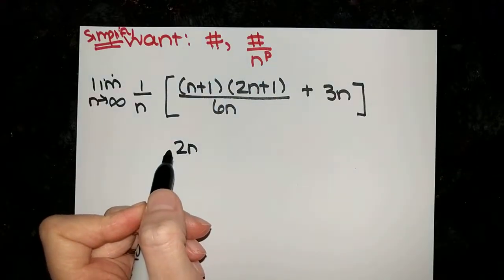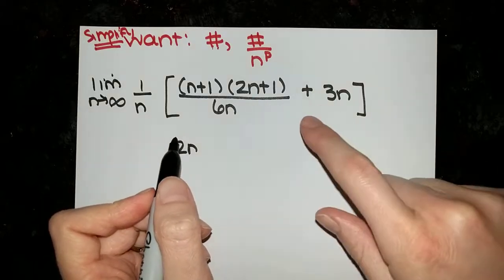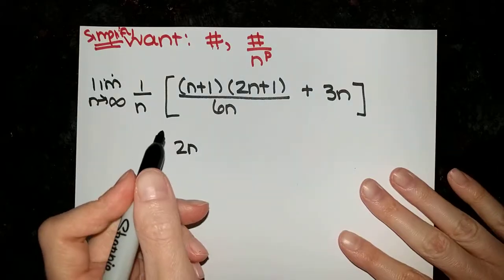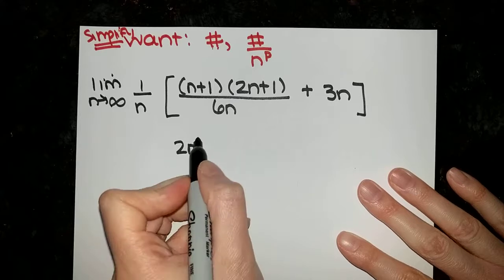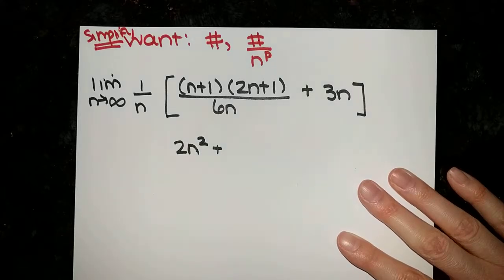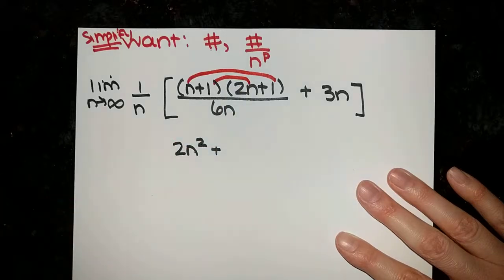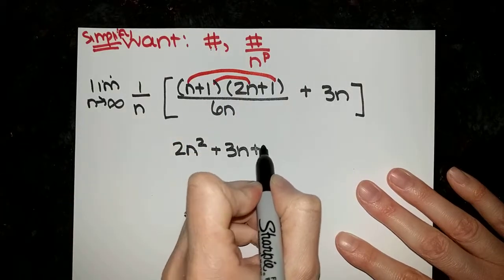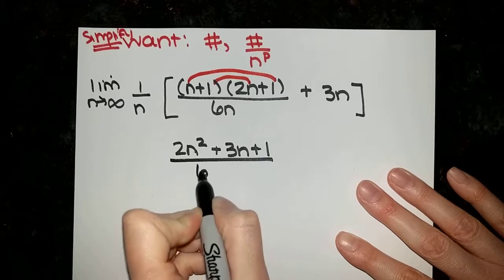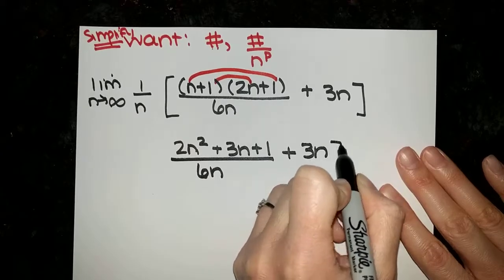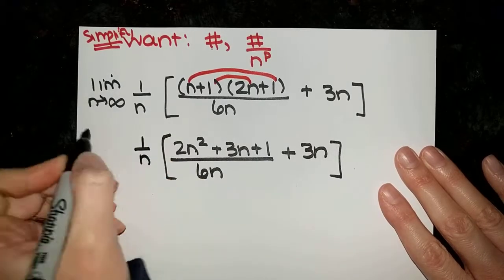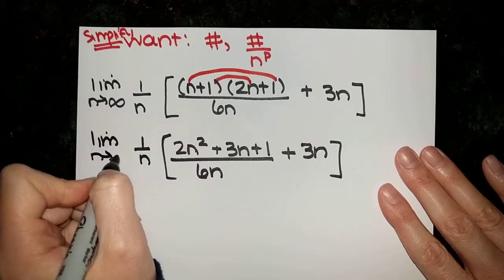You don't have to do that, but that is an option, to just memorize the FOILed out expression, and that saves you a little bit of work. But this is going to be 2n squared plus, be careful with your foiling here, you have an n and then a 2n, so that gives us a 3n plus 1 over 6n plus 3n. And then we have our 1 over n limit as n goes to infinity.